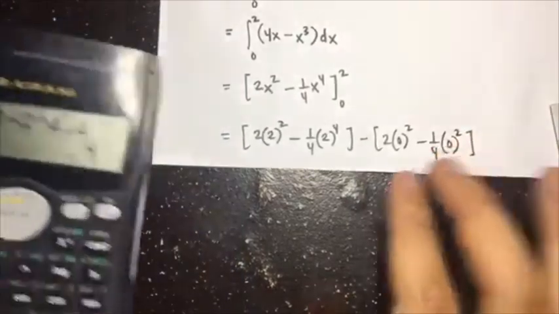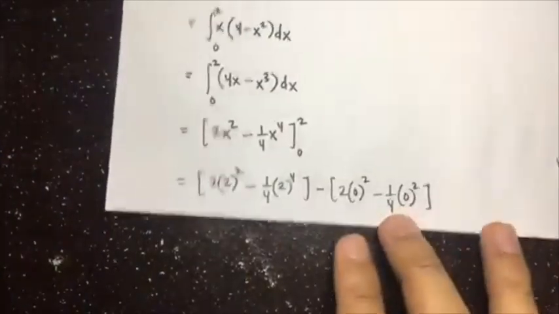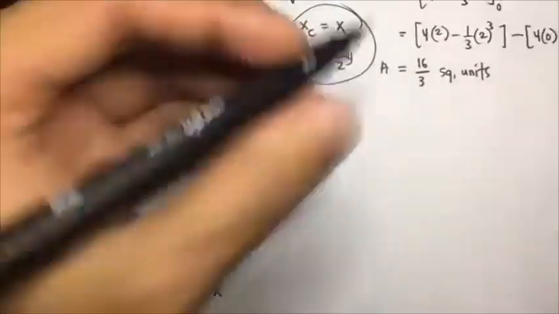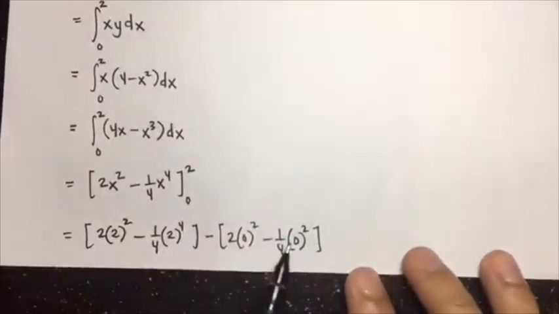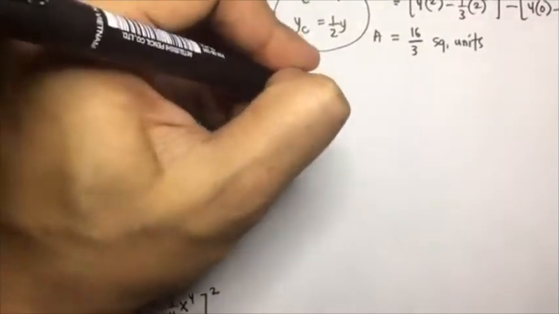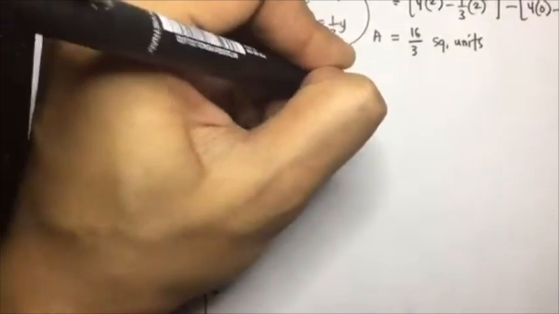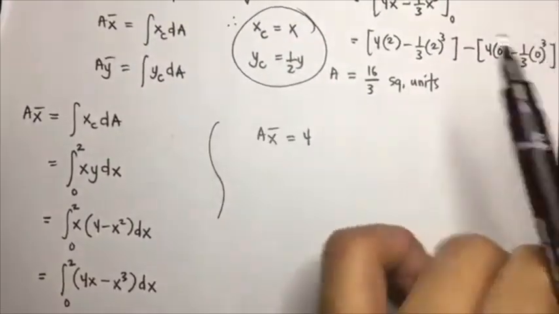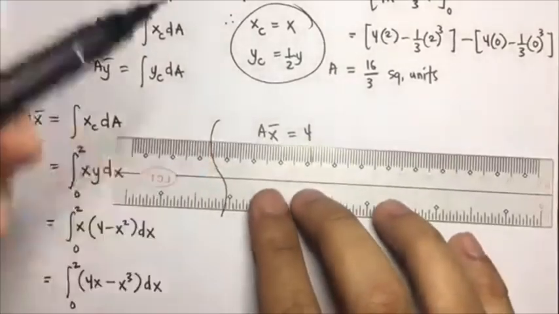So A x bar is equal to 4. Since we are solving for x bar, we divide both sides by the area.